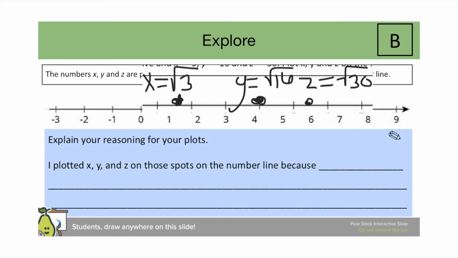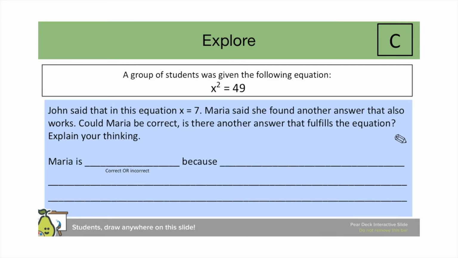And those numbers were placed there because students should know that the square root of 3 would fall between the square root of 1 and the square root of 4. The square root of 16 is exactly 4, and the square root of 30 would fall between 5 and 6.